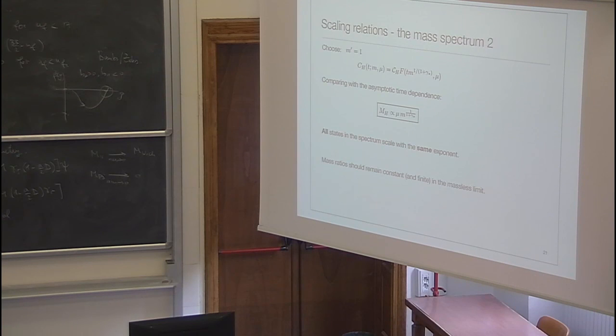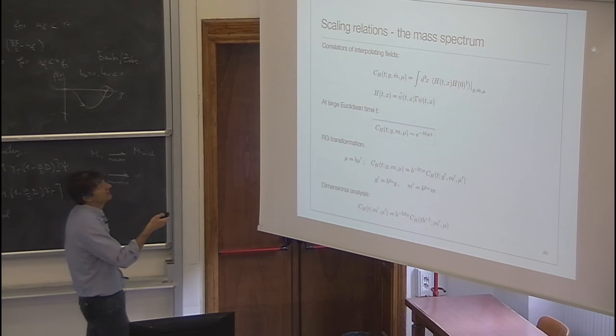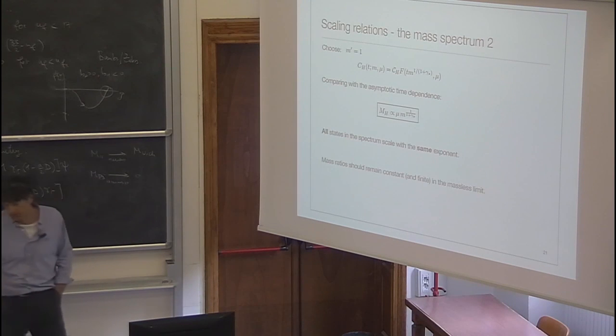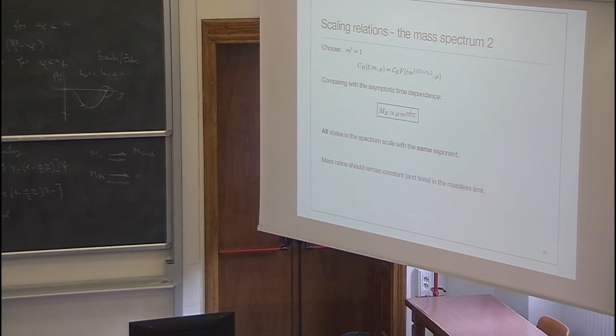So here, if you want to use this as a model for physics beyond the standard model, you have to commit to a given UV completion, right? You are choosing a specific theory. So here I'm saying, beyond the standard model, I have an SU(2) theory with fermions in the adjoint representation. What are the chances of this being true? I don't know, zero, right?